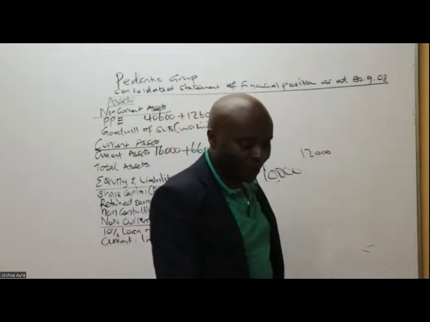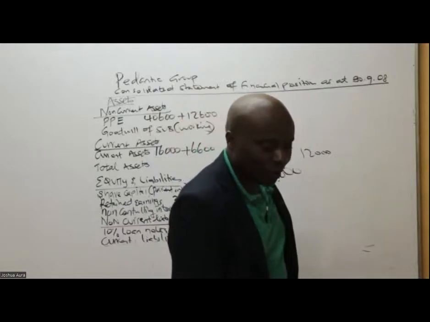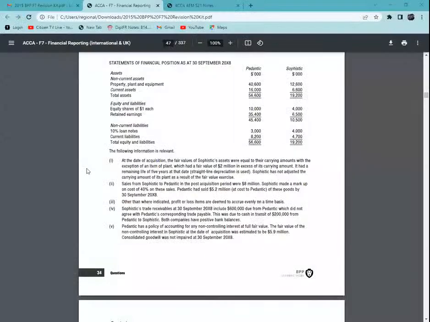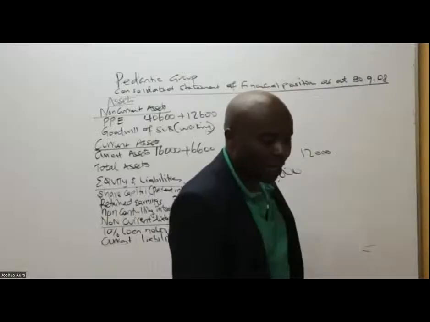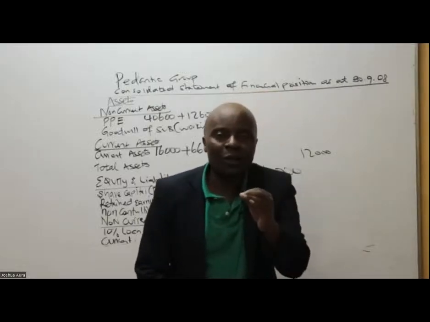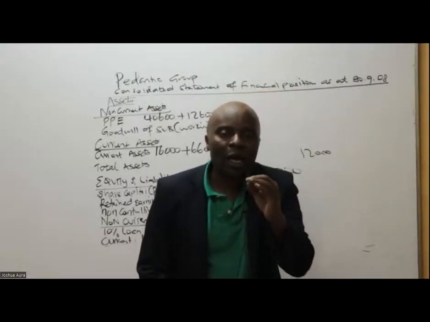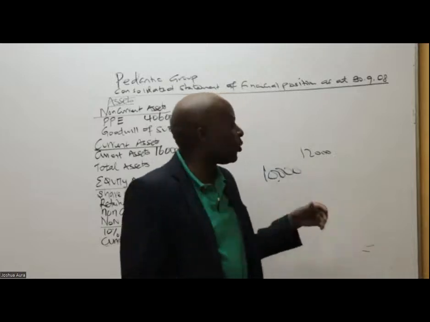We are told here, let me repeat this very well, that at the date of acquisition, the fair value of Sophistic's assets, fair value is the same as market value, were equal to their carrying amount, with the exception of an item of plant which had a fair value of 2,000 in excess. So it's a revaluation upward, and because of this we shall boost our property, plant, and equipment. Boosting means you come and add.